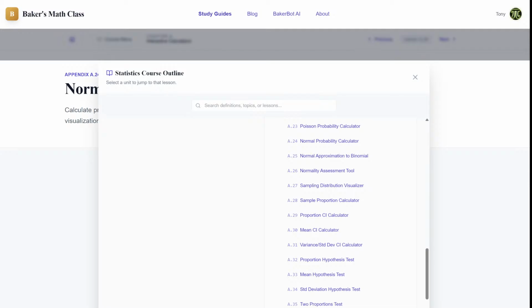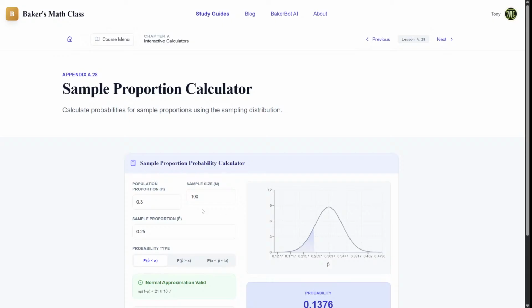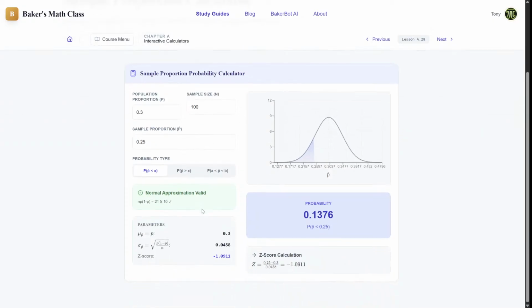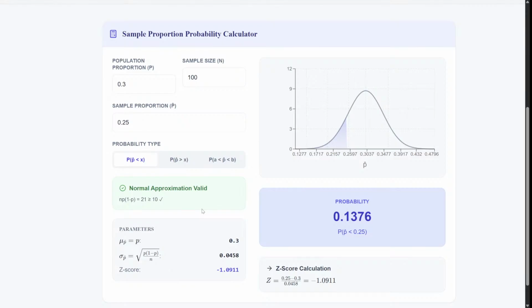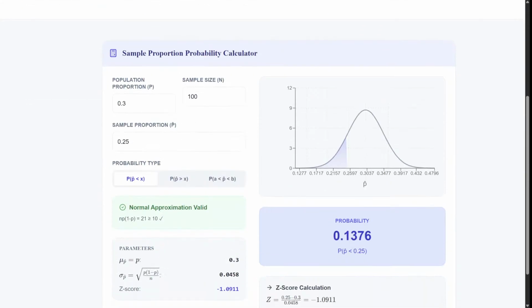Yeah, this is our probability. For this one, we can just use the sample proportion calculator, which is A28.